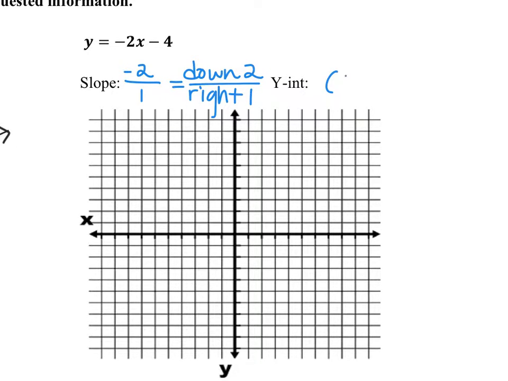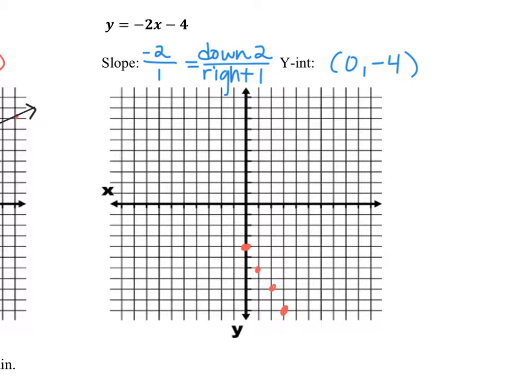Great. The number by itself, remember, is your starting point or your y-intercept because it happens once. So we're going to graph the y-intercept at -4 and go down 2, right 1 until we cannot go any further. Then we're going to go back to the starting point and reverse.